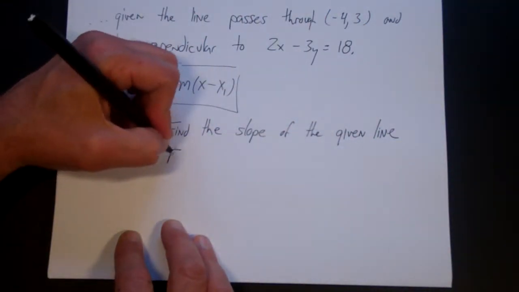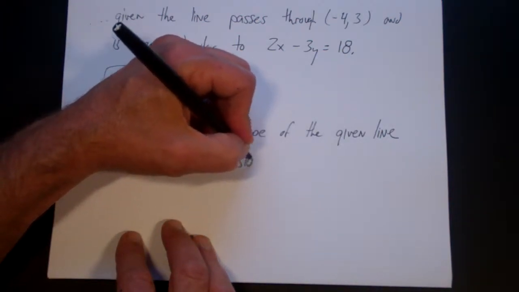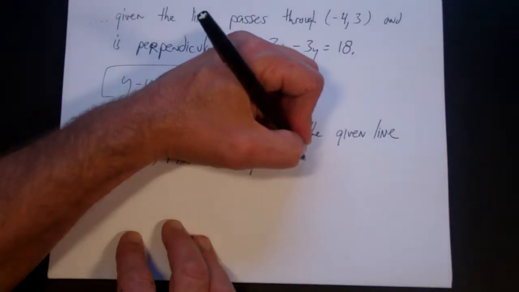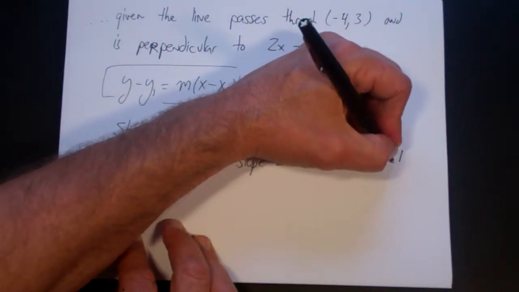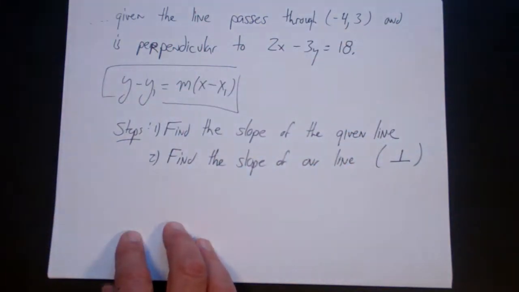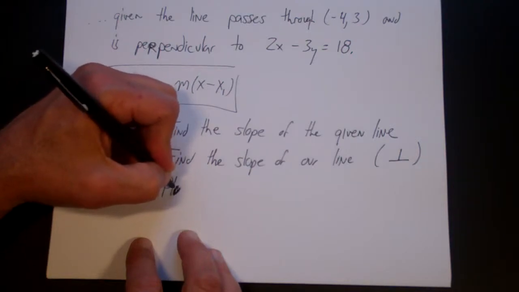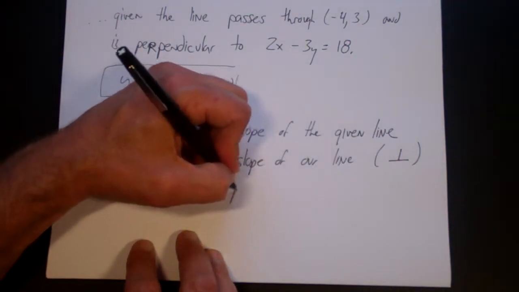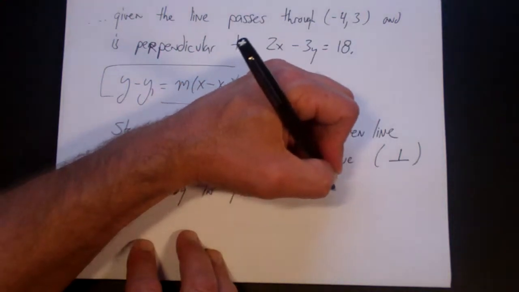Second, find the slope of our line, which is perpendicular. And this is the symbol used for perpendicular. Third step, you plug in the point and the slope. Now be very careful that you plug in the right slope.